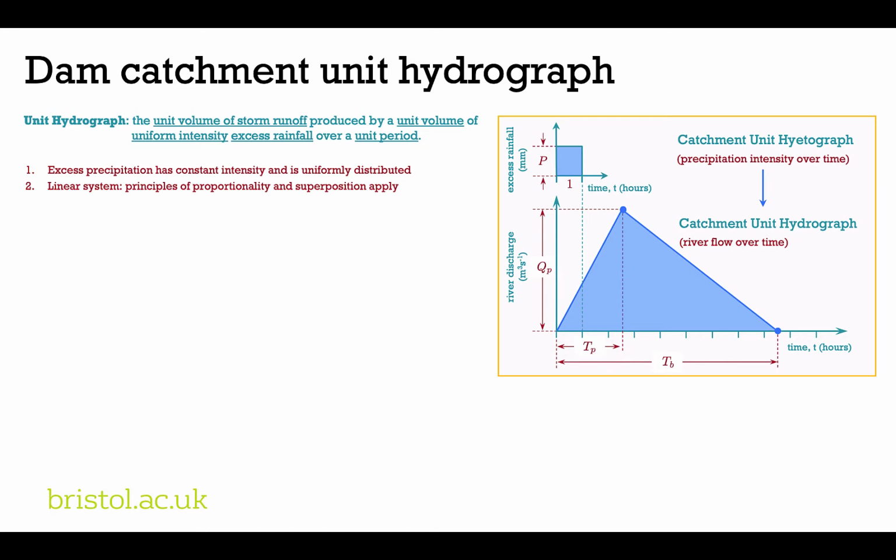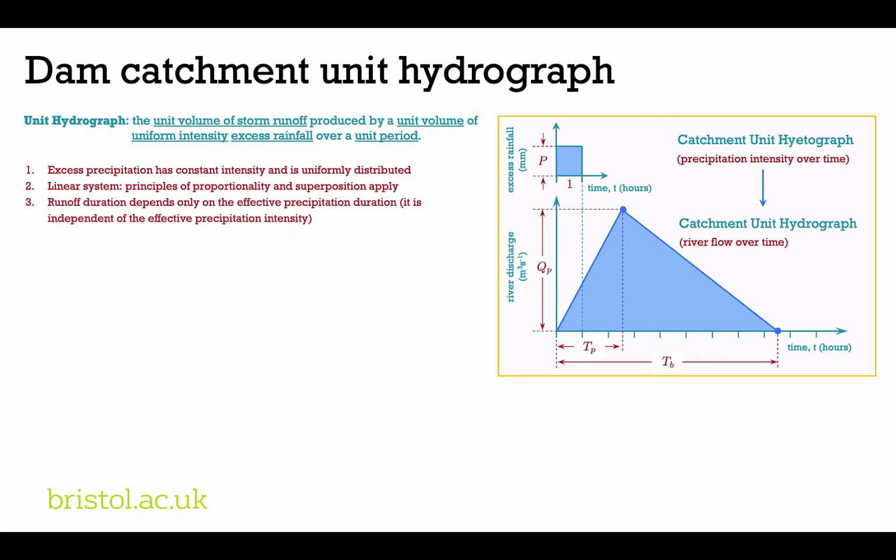It means if you get 2 consecutive hours, where let's say you get 10 millimeters of rain in the first hour and 20 millimeters of rain in the second hour, you can find out what the combined runoff from that catchment was by, for the first hour, taking the unit hydrograph and multiplying it by 10, and for the second hour taking the unit hydrograph and multiplying it by 20, and then adding the two together with a 1 hour time shift.